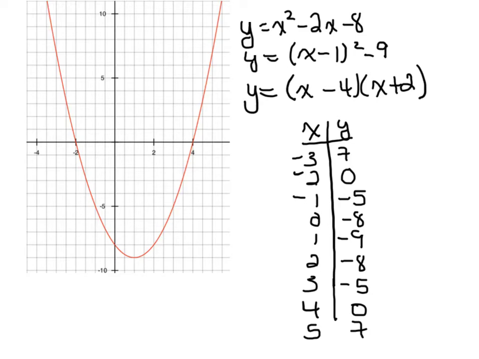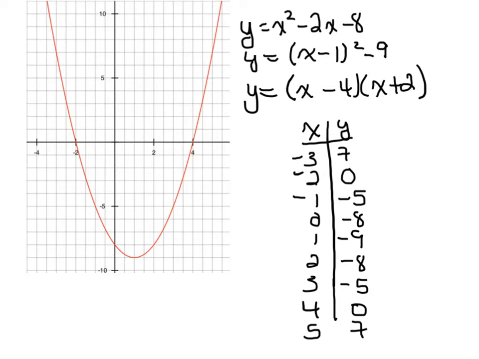And what I'd like to do now is show how the key features or the properties of our quadratic relation, we can pick those out not only from the graph, but also see where they connect to the table of values and to our algebraic representations.